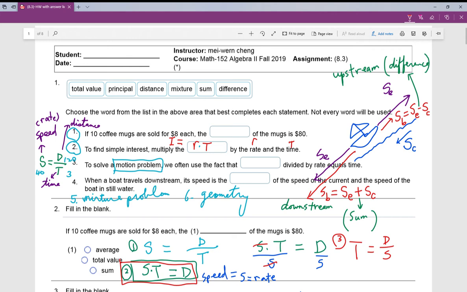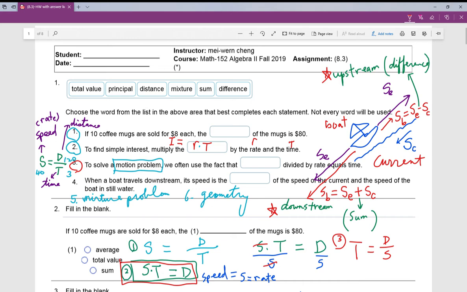So number 3 is pretty hard. Why is it pretty hard? Because we don't just simply talk about the speed and the distance. We talk about 2 speeds together. What are 2 speeds together? For example, if you have a boat, and this boat sometimes goes upstream, sometimes goes downstream, and when you go upstream or downstream, the current has its own speed.